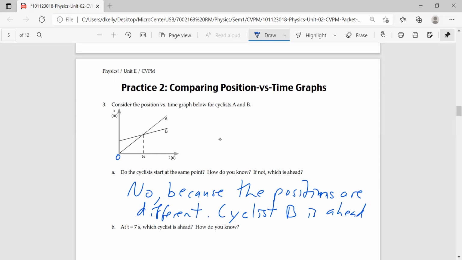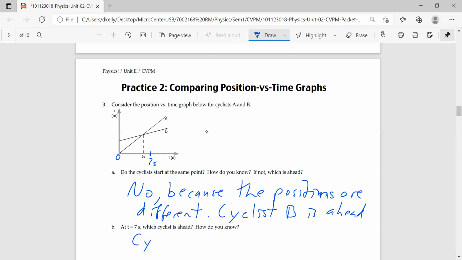So now at t equals 7 seconds, which cyclist is ahead? Here's 5 arbitrarily and 7, I'll place them right here. Which cyclist is ahead? Well, we can see that cyclist A is ahead of B at t equals 7, taking a look at the graph, common sense, right?